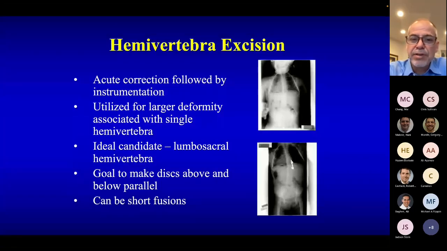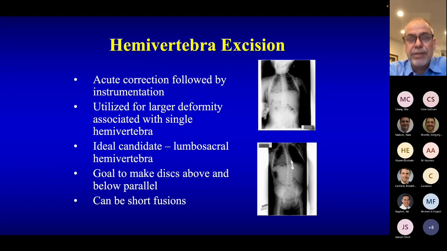I will say this is the most fun operation that I typically will do, and this is a hemivertebra excision. It really is, I think, probably the best operation that a pediatric spine surgeon can do. The reason for it is it's an acute correction, followed by instrumentation. So you pluck out a hemivertebra. Typically, the ages to do it are between 3 and 5.